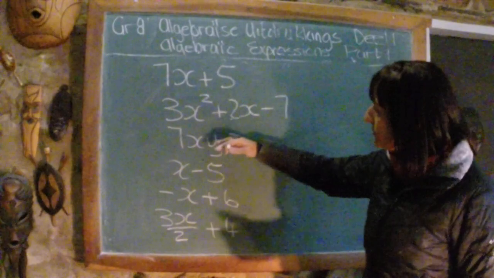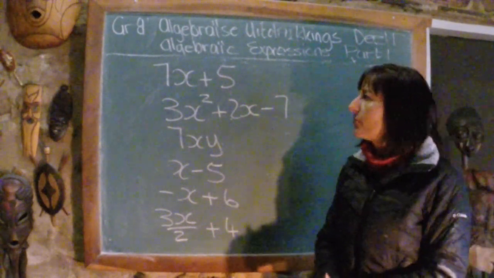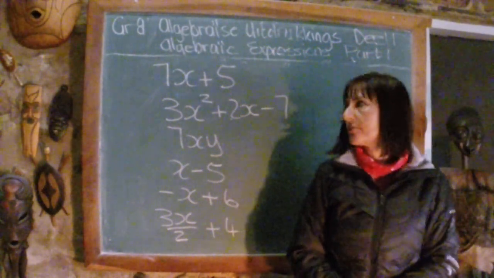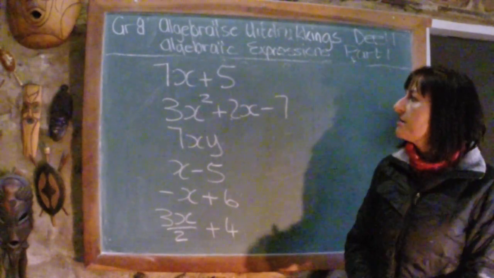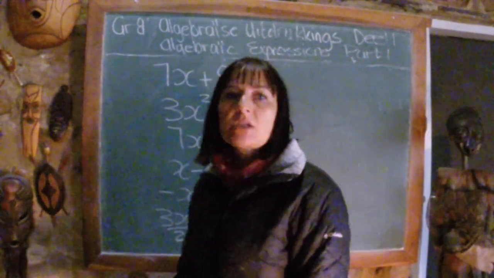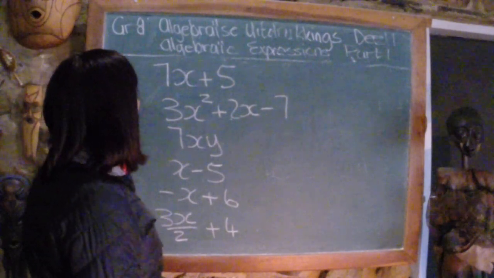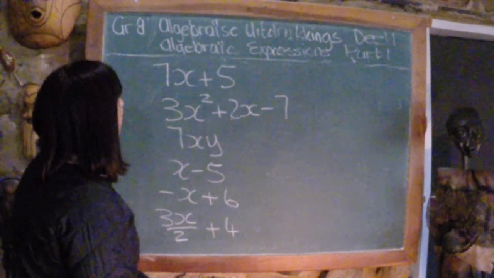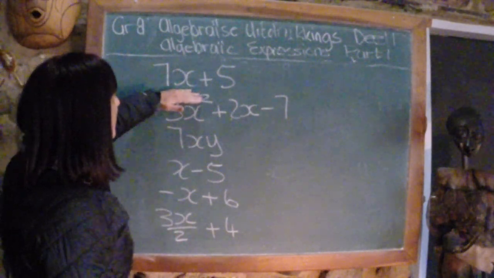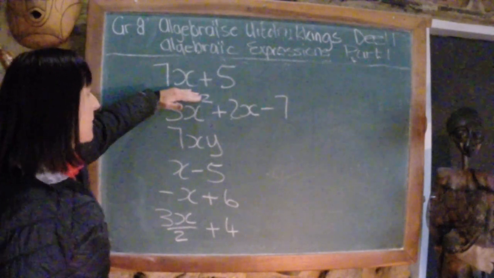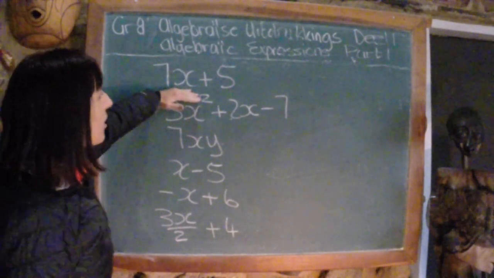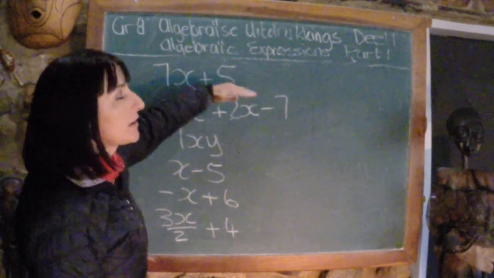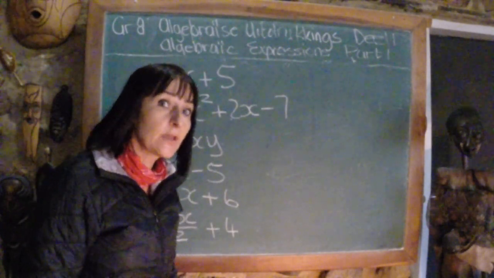I've written 6 sums on the board, and I'm going to ask you some questions regarding it. Okay, let's look at the first one. Can you guys tell me where's the variable in this top algebraic expression? Kan julle vir my sê wie is die veranderlike in hierdie uitdrukking?